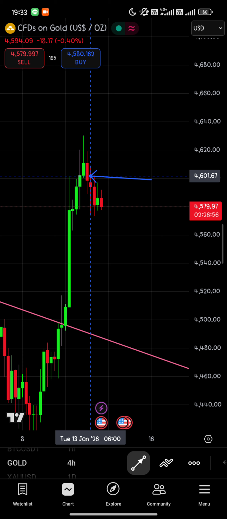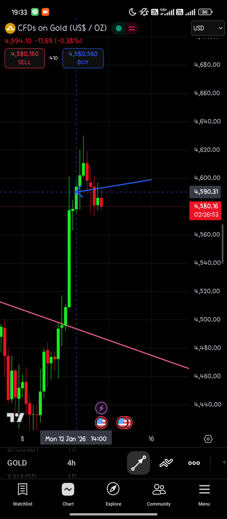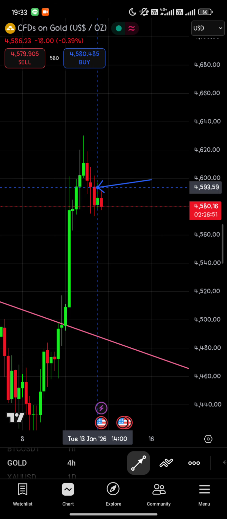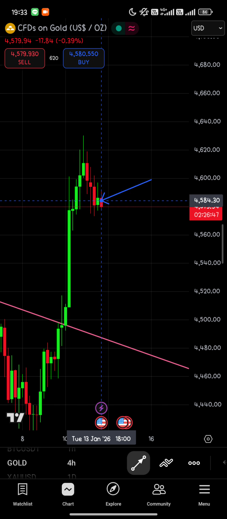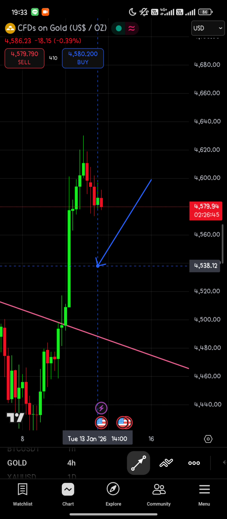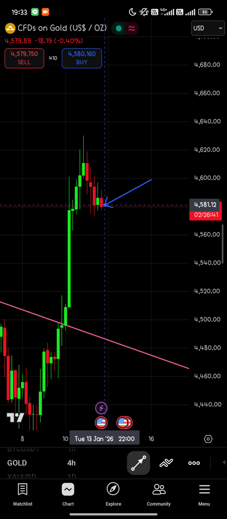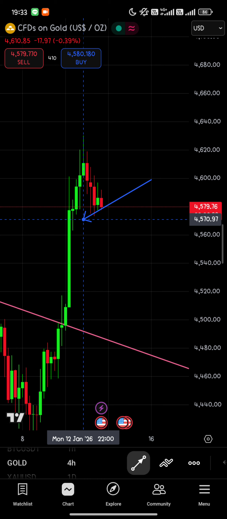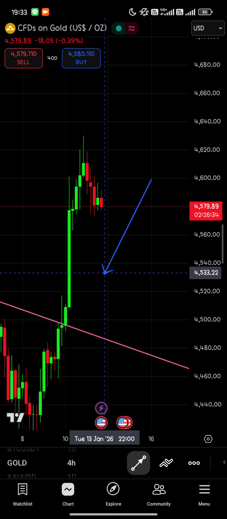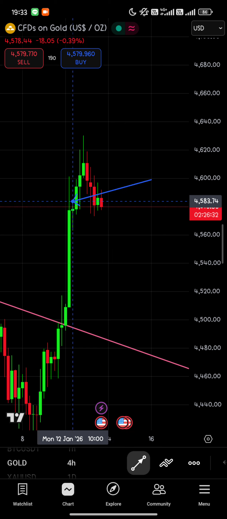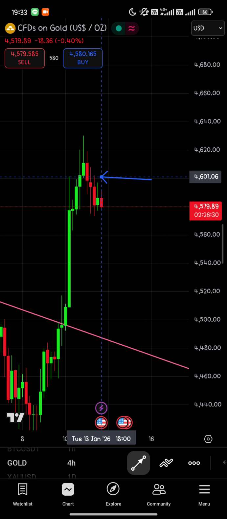So when most of the time buyers are in the market, retail traders are buying, the market wouldn't give them a chance to be profitable, because the market would then have to dump down on them, and by dumping down, the market is going to clear off all of their volumes, either by triggering stop loss or by pressuring these traders to close their position.